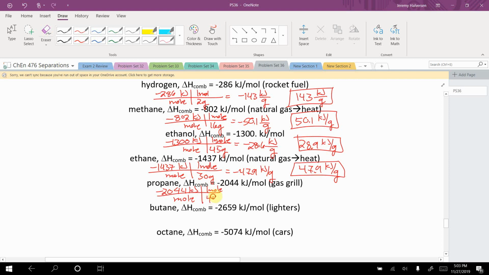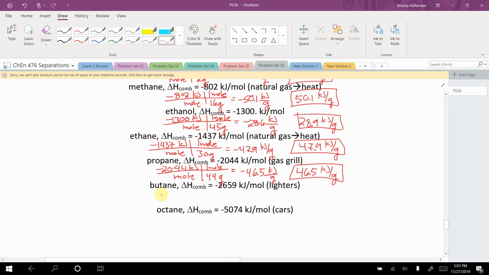And again, this is just because it's not very useful to compare fuels by mole amounts, because nobody in the real world talks in terms of moles. They talk in terms of mass.